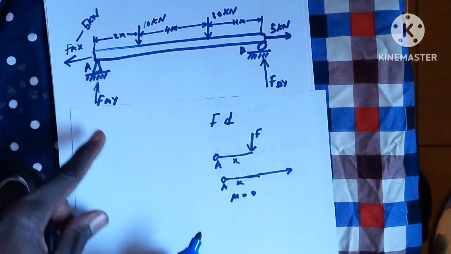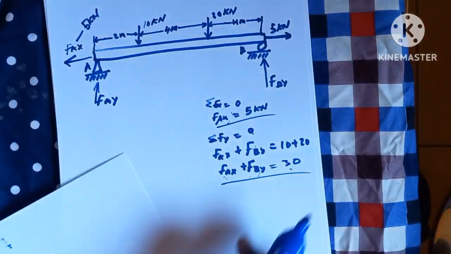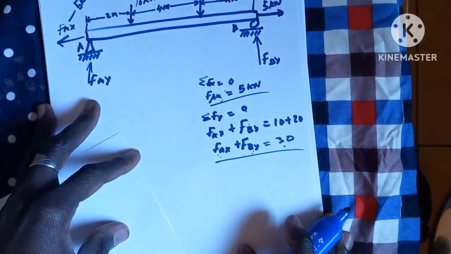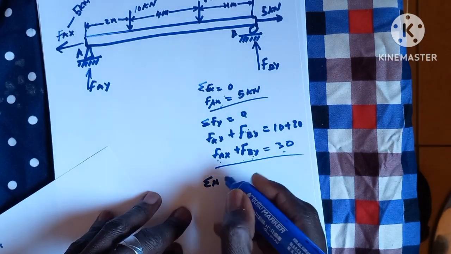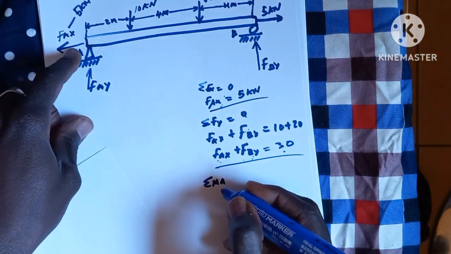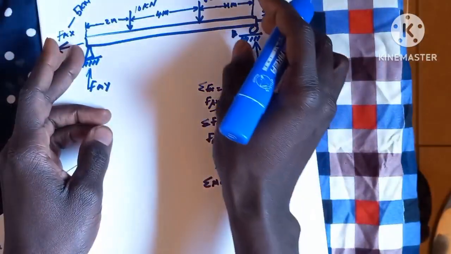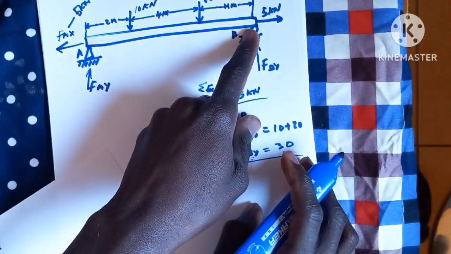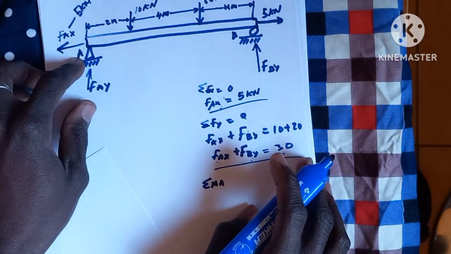All right. So now, in this case, let's try to solve for the moment. Solving for the moment here, we have the sum of the moment at point A. If you like, you can start from this direction, but for us, let us just start solving from this direction.